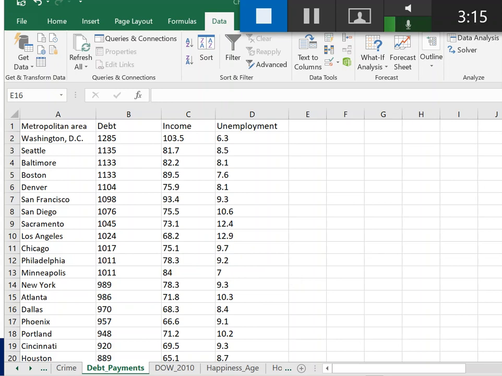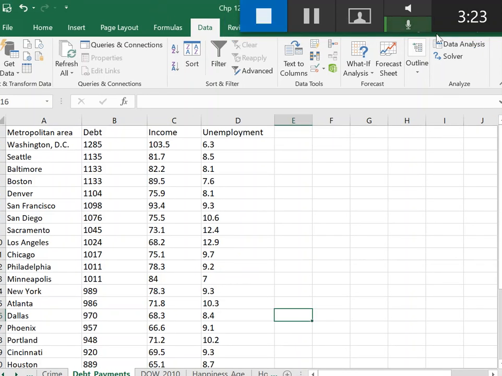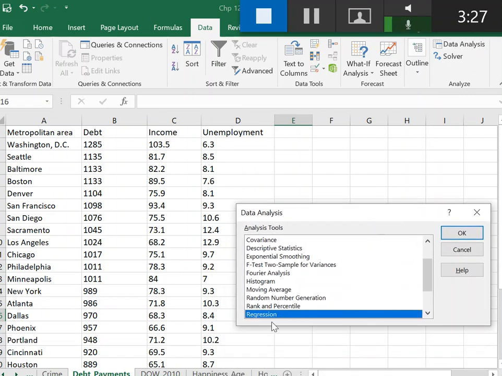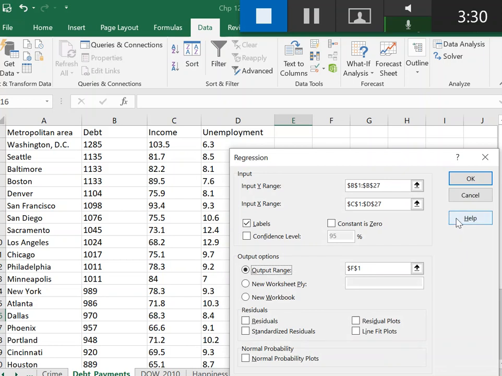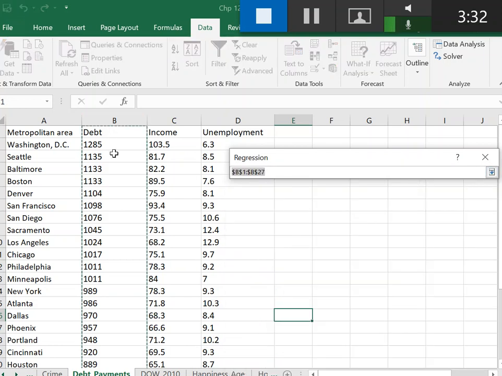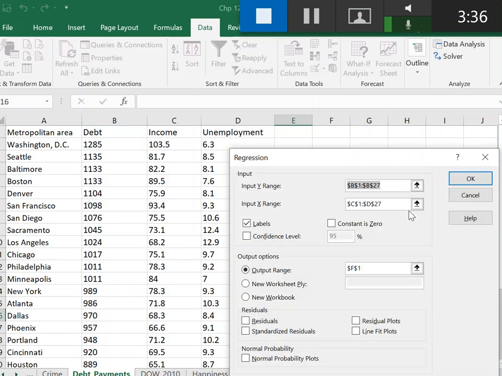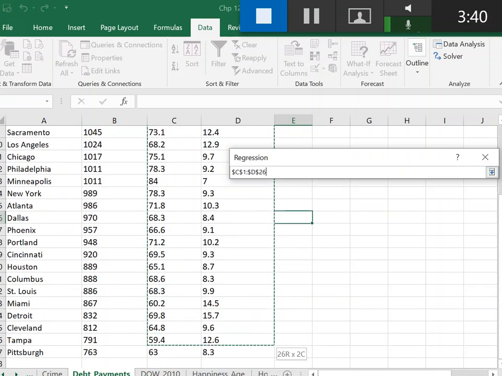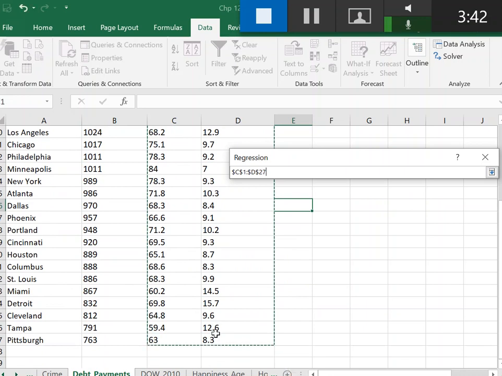So again, I'm going to go up here, I'm in my data tab. I'm going to go to data analysis. It doesn't want to open for me. Here we go, data analysis, and I'm going to choose regression again. Now, my Y input range is my debt level, but notice that my X input range is both income and unemployment. I want to grab them both all at the same time, so that's why I said they need to be side by side.